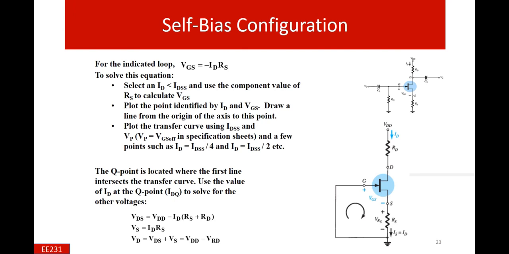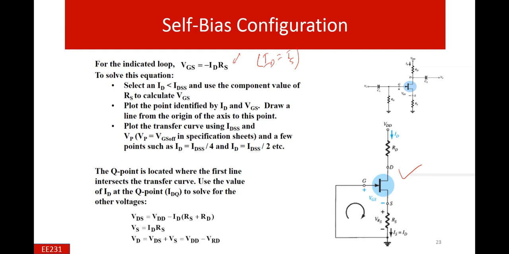For the self-biased configuration, from this diagram, this resistance RS is present, and for the voltage VGS, if we apply the KVL here, we can see that VGS is equal to the minus of the drain current. Actually, the drain current is equal to the source current, as we know, times the resistance.